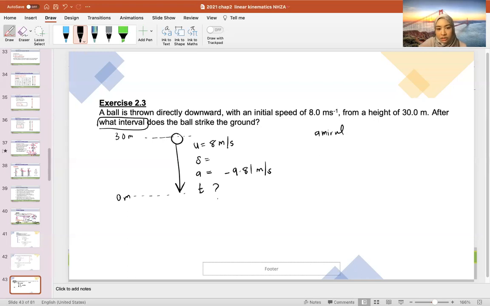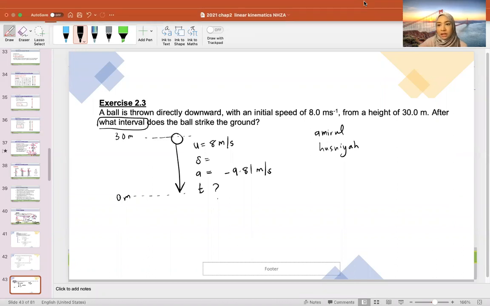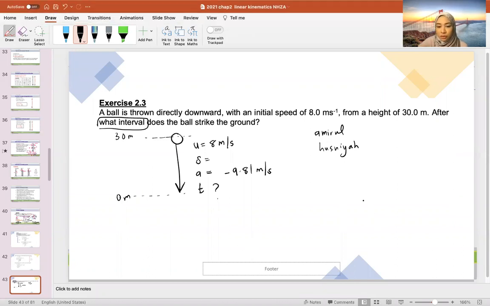Okay, Amirul try solve for T and Husniah pun sama. And then kita compare. So everyone please try. Let's take 7 minutes to do this as usual. 8:37 a.m. Okay, let's talk back at 8:37 a.m.